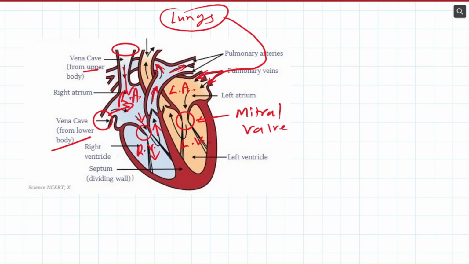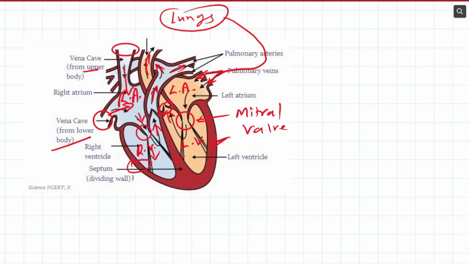Now, you can see here this muscle wall, it is quite thicker than the right ventricle. And see why so? Because it has to increase pressure, it has to send pressurized blood so that oxygenated blood can reach the distal parts of the body. Now, this blood from the left ventricle will go to different parts of the body through this semilunar valve.